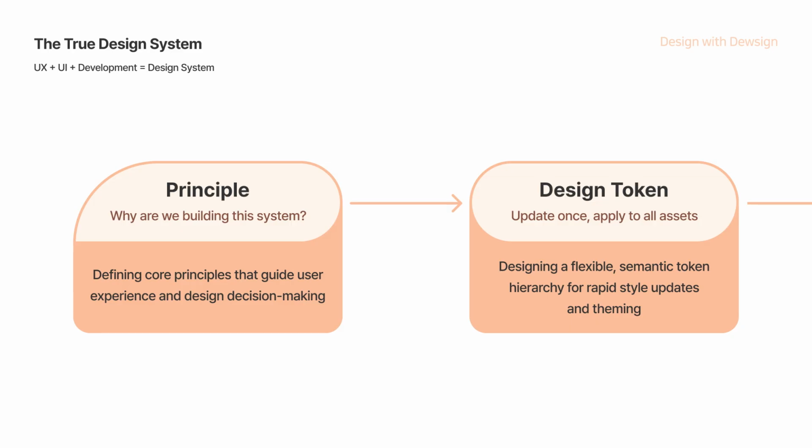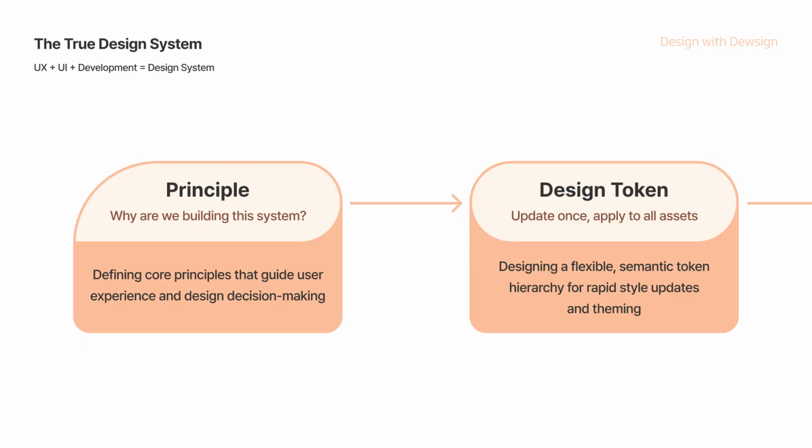Now, shall we take a look at the overall workflow of design system tasks? The very first thing to start with is the principle. This is the stage where we answer the question, what are we building this system for? It is a process of establishing the direction of the user experience and defining the core principles that will serve as the criteria for all future design decisions.